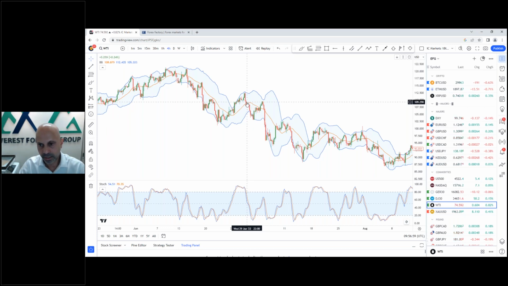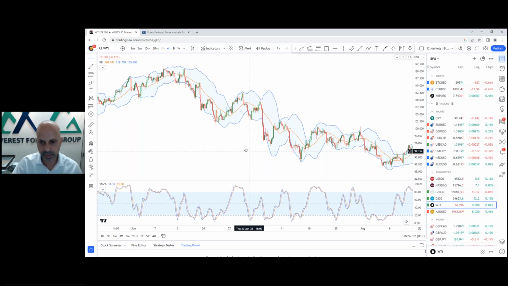And then we could use the stochastics, as the H4 stochastics broke below 20, as an indicator to help us find the exit point for this short trade. And we can also see that price is also pushing against the lower bound of the Bollinger Band. So we have a combination of two indicators here to indicate potentially that this short move is now over.